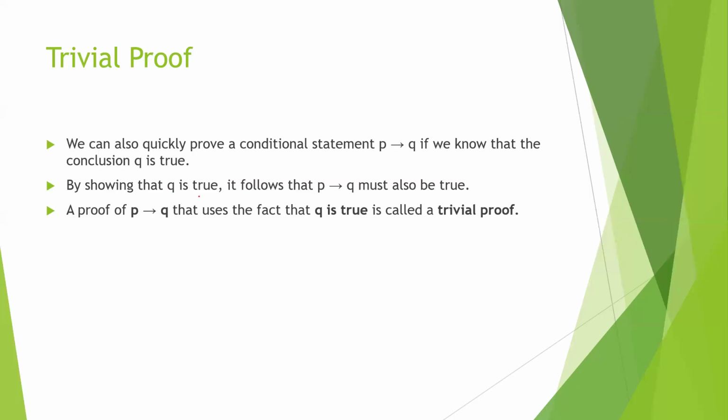By showing that Q is true, it follows that P implies Q must also be true. A proof of P implies Q that uses the fact that Q is true is called a trivial proof.